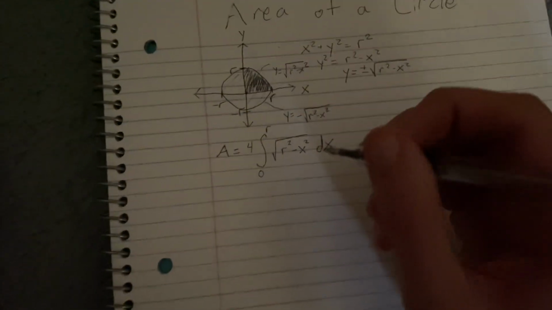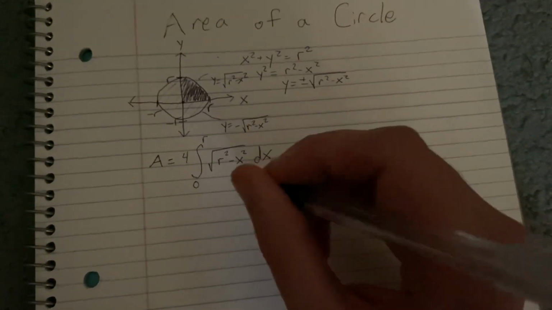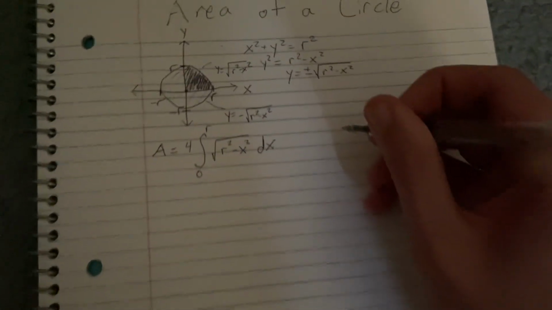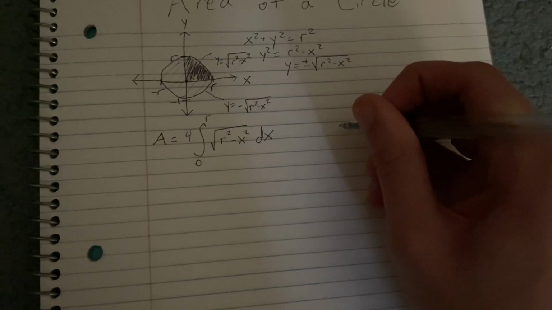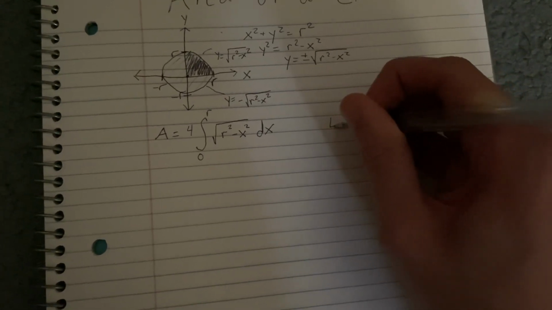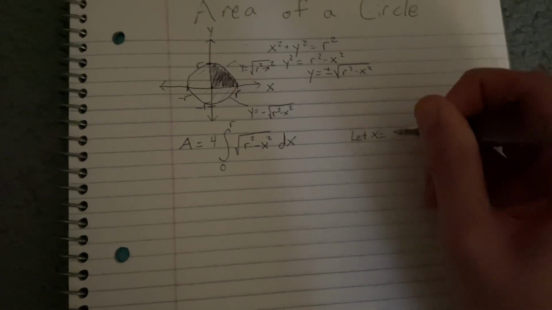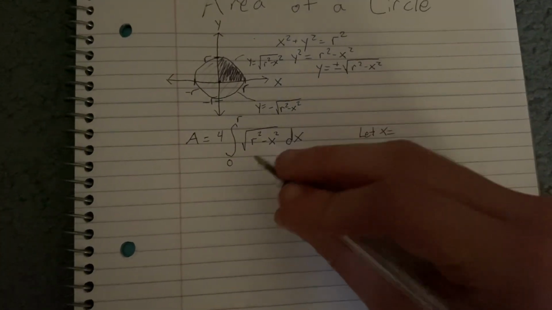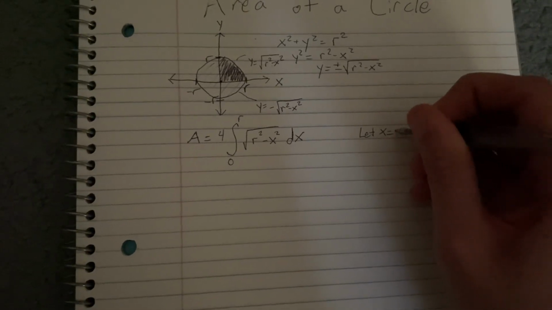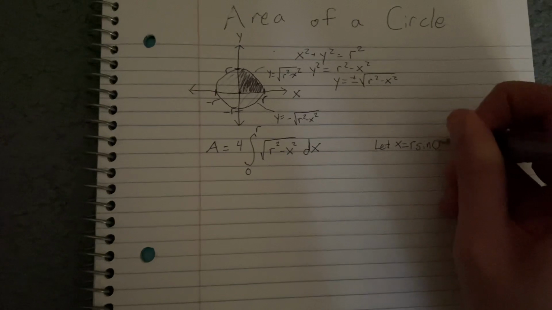Now, how can I evaluate this? Well, here's what I'm going to do. I will make a substitution and see if I can simplify some things. Let x be equal to r sine of theta.